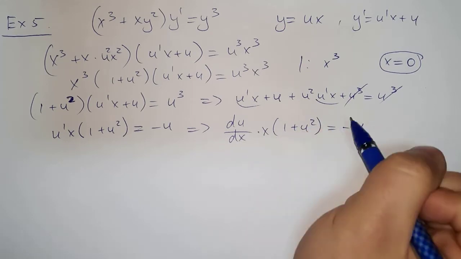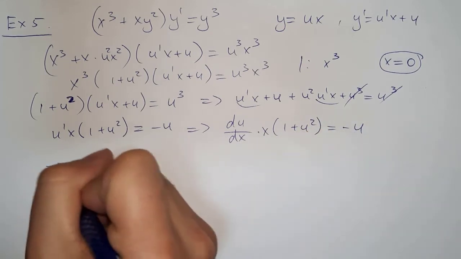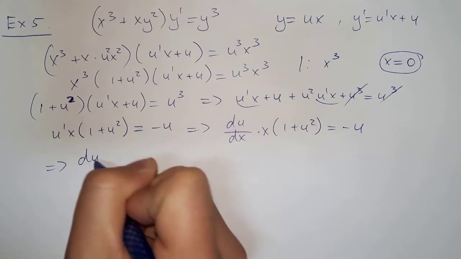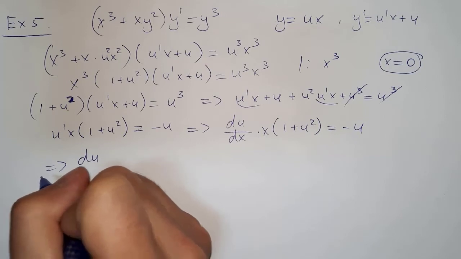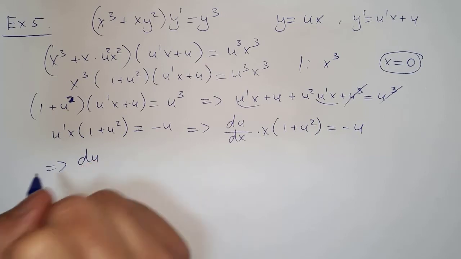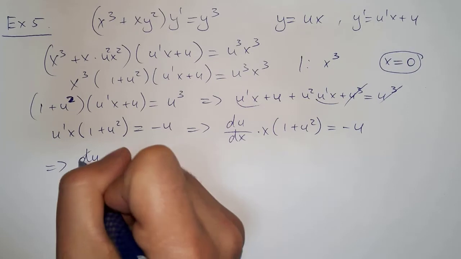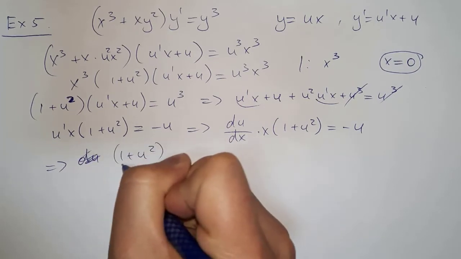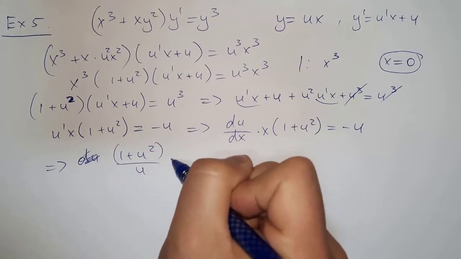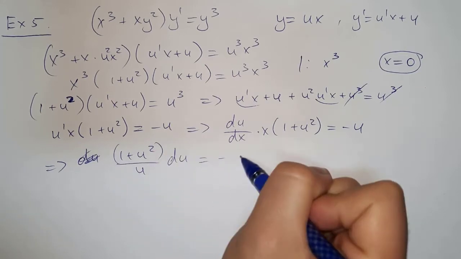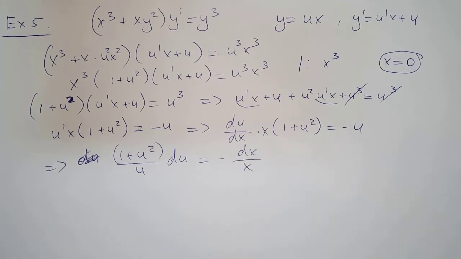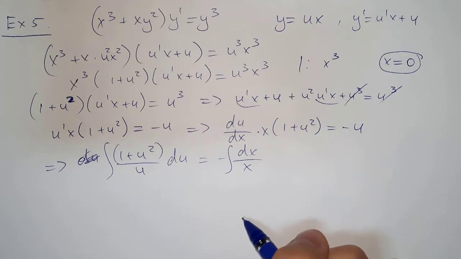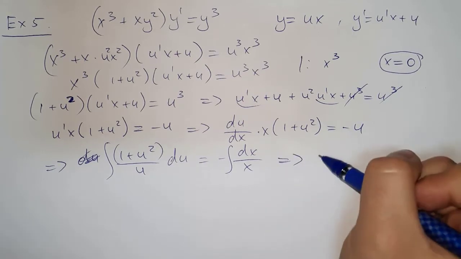Now it will be 1 plus u squared over u du equals minus dx over x. And let's integrate both sides of our equation. Hence we have the following integrals.